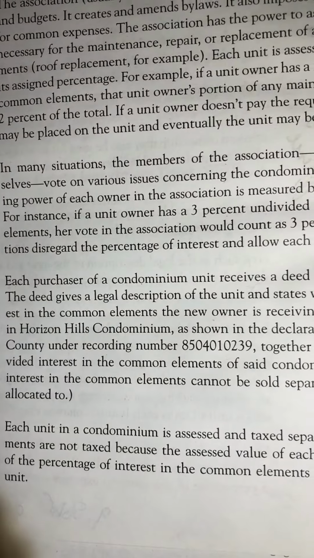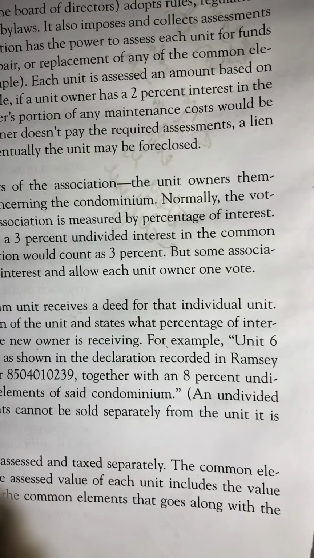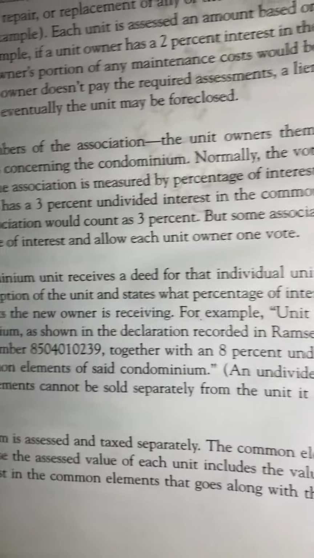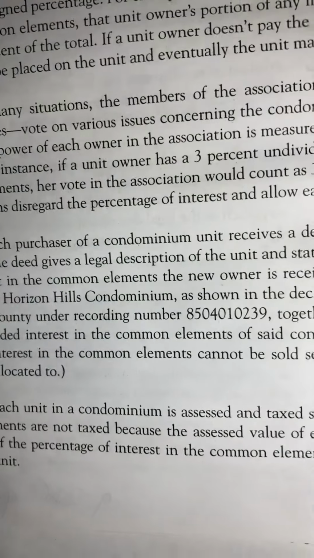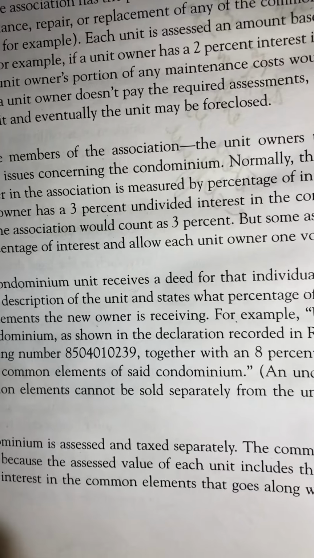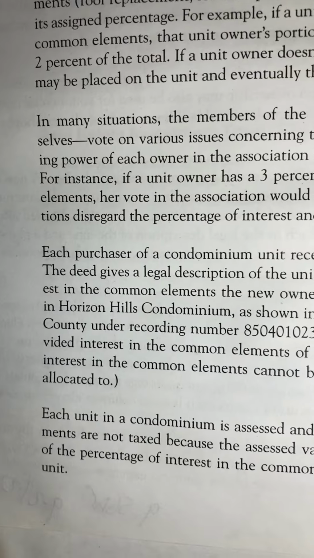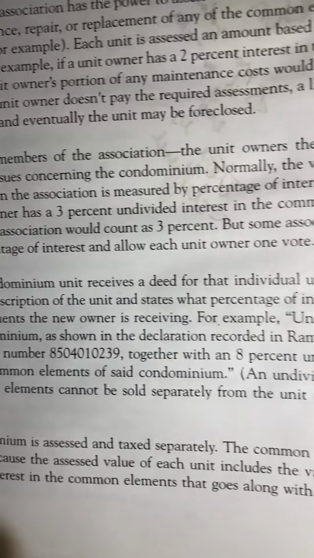Each purchaser of a condominium unit receives a deed for that individual unit. The deed gives a legal description of the unit and states what percentage of interest in the common elements the new owner is receiving.